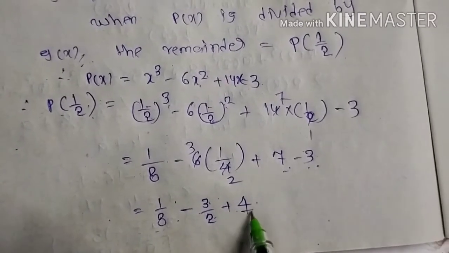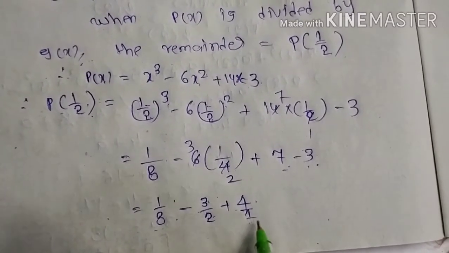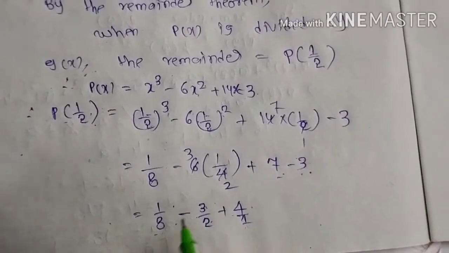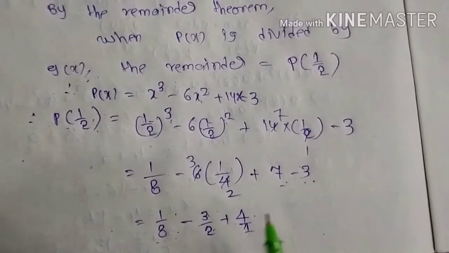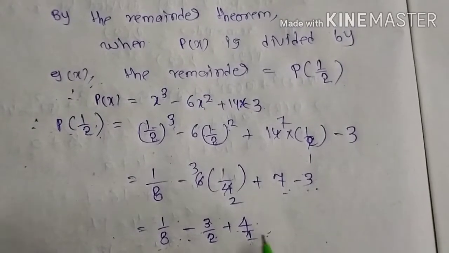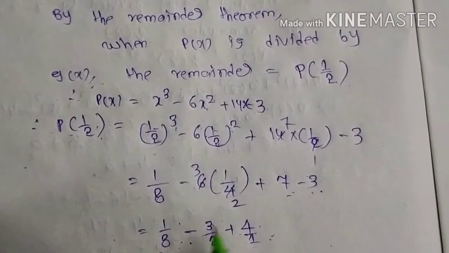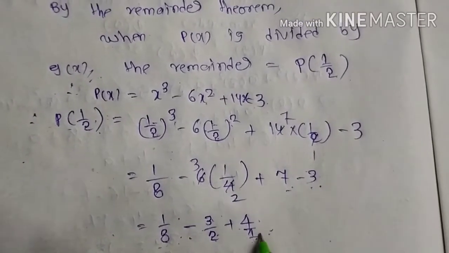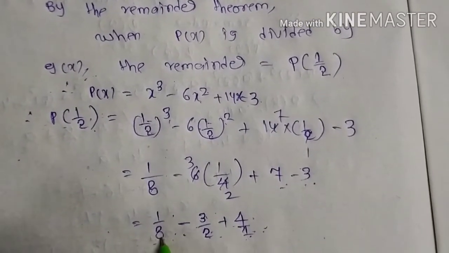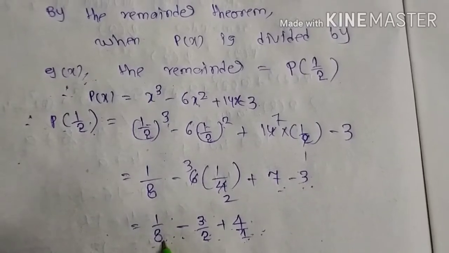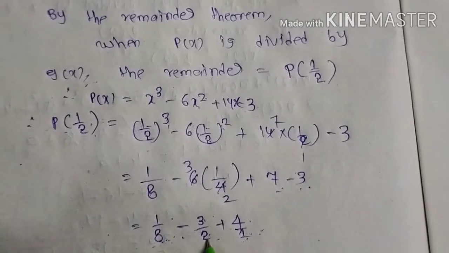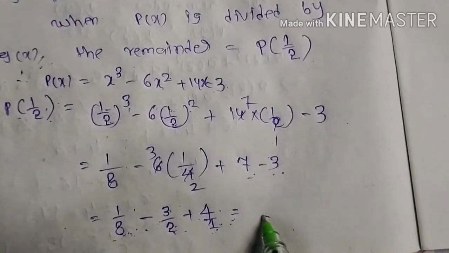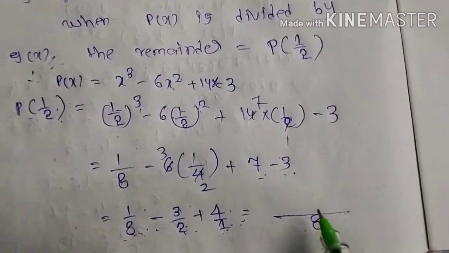See, 4 can be written as 4 by 1. Now you can see the denominators are unlike fractions. How can you do it? Just you can do by LCM. LCM of 1, 2, 8. What is the LCM of 1, 2, 8? 8 only. Why? Because 8 is the LCM. So I am writing here over 8.